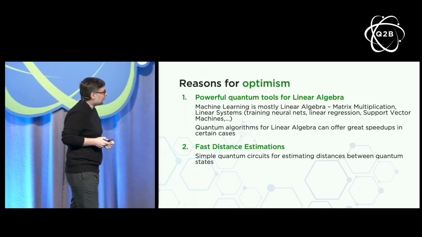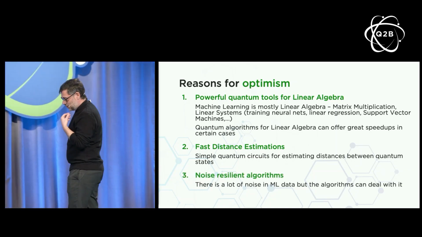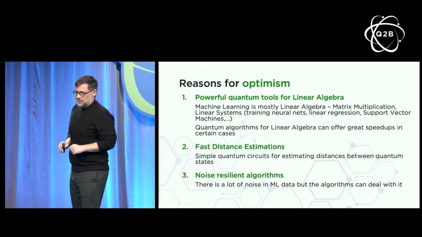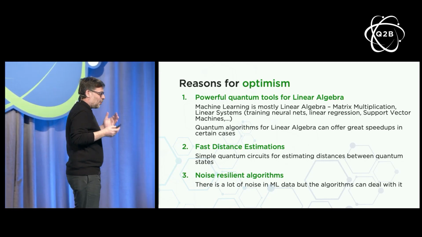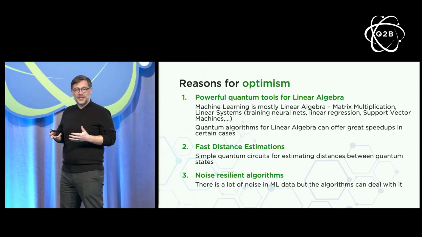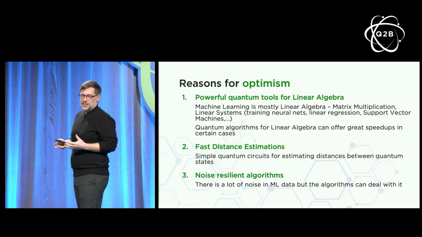Okay? So here is a third reason, and to me it's very important, and I think it was also hinted at in the morning. Machine learning is not an exact science. And this is good news for us, because when we say that we have a quantum or a classical machine learning algorithm that works, this means that we have algorithms that are extremely resilient to noise.